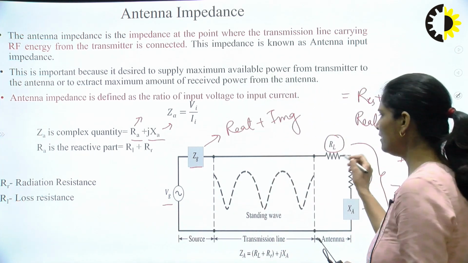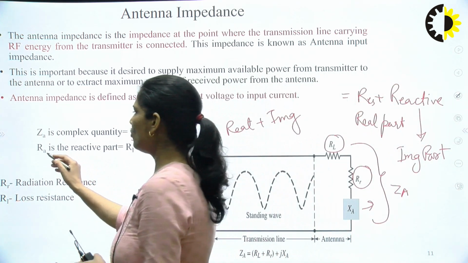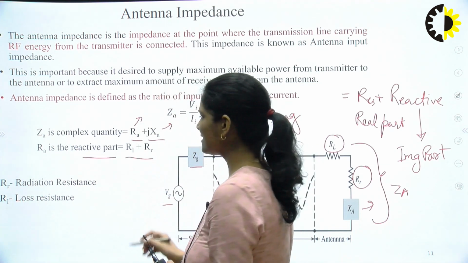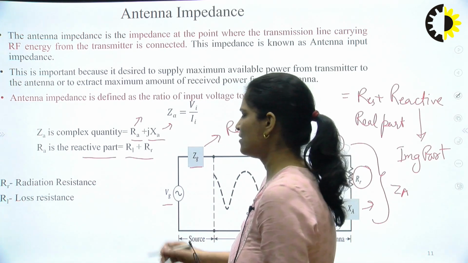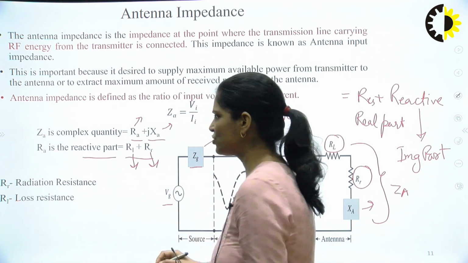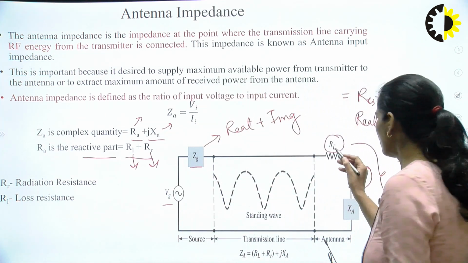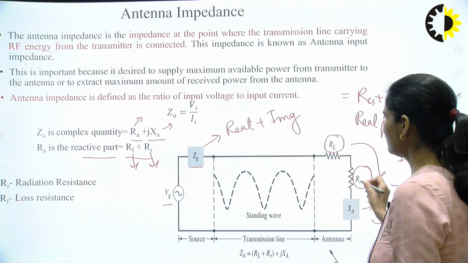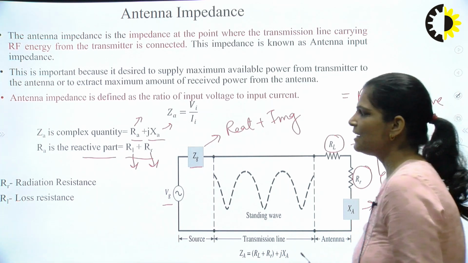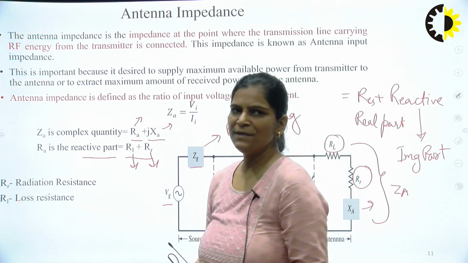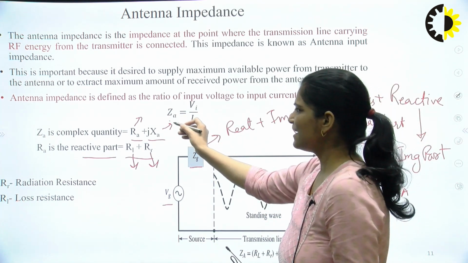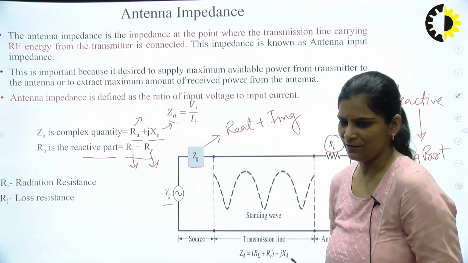So impedance is equal to VI upon II, and ZA is a combination of real and imaginary parts.